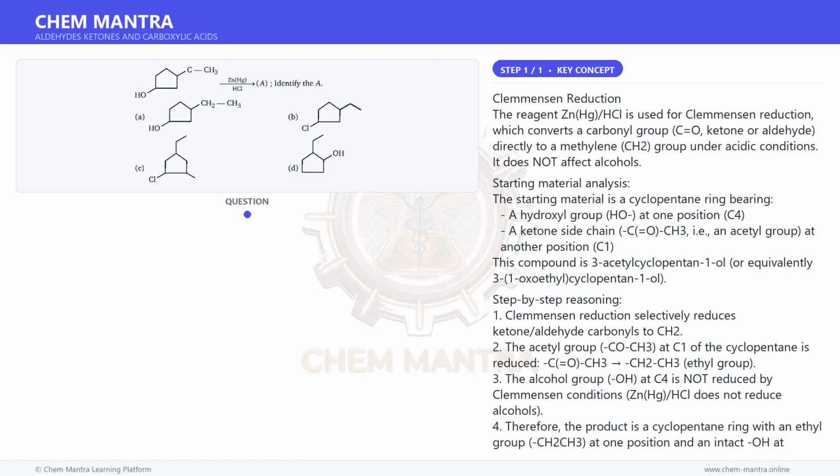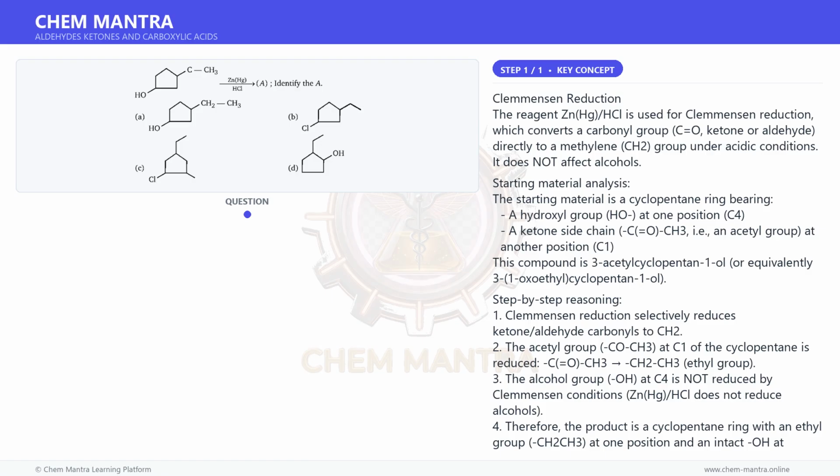Under Zn, Hg, HCl, the secondary alcohol, ring C-OH, gets converted to ring C-Cl via the acidic HCl conditions, a Lucas-type reaction with ZnCl2 as catalyst, while the ketone is Clemmensen reduced to an ethyl group. So the product is a cyclopentane ring with C-Cl from OH plus HCl at C4 and CH2CH3 from Clemmensen reduction of COCH3 at C1.